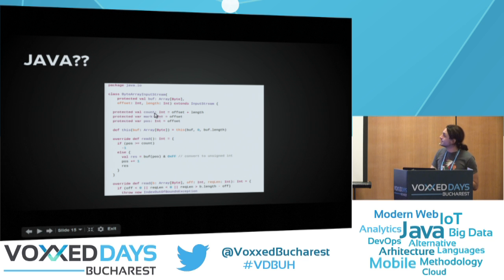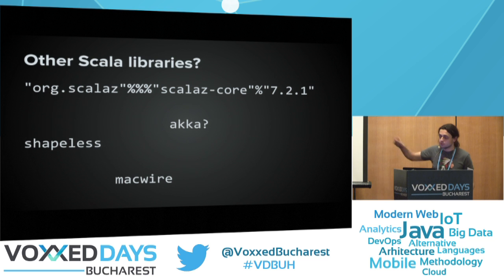For example, this is ByteArrayInputStream written in Scala, right? So probably it's not so performant, not so good as in the JDK, but this effort has been made because, well, it needed to be made. And we can also use many of the standard Scala libraries without any problem, like Scalaz, Shapeless, Macquarie, probably some Akka, although I guess it won't work for many cases.